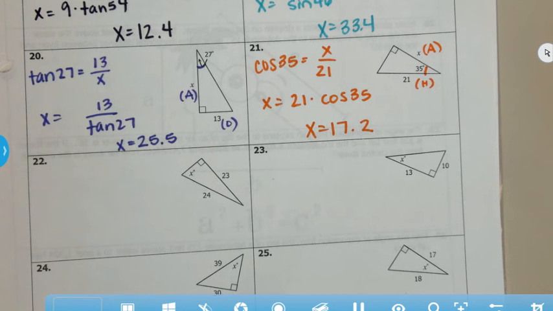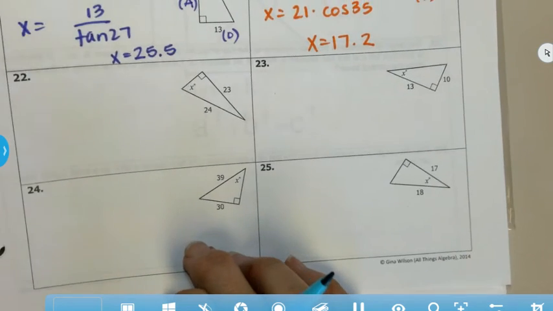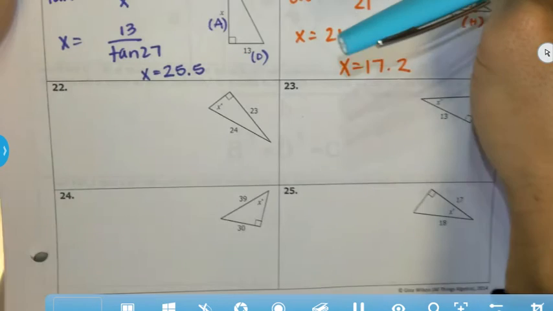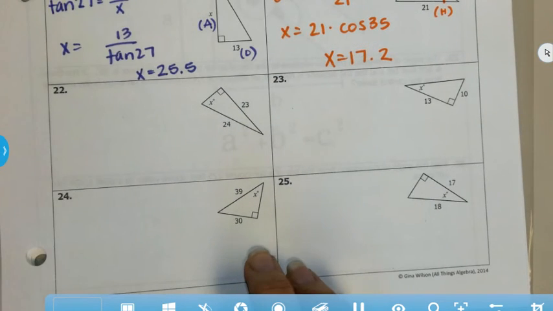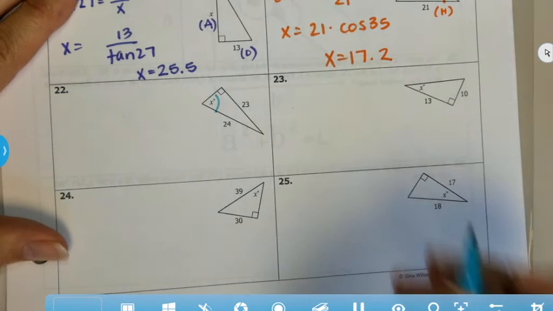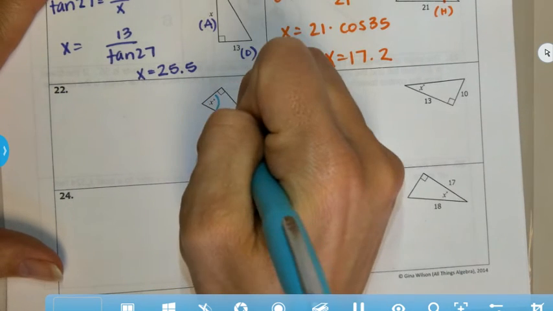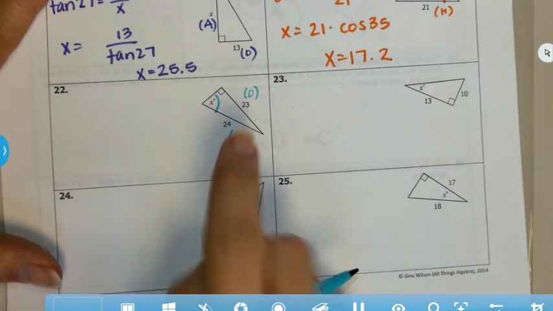All right, now let's go to 22. 22 is where we're going to find the missing angle now. This is where we use that inverse trig. Remember, angles are for inverse. So this is our angle. 23 is the opposite side. 24 is the hypotenuse. So we're going to use inverse sine.